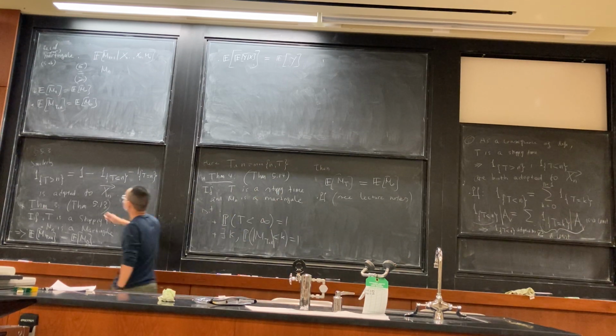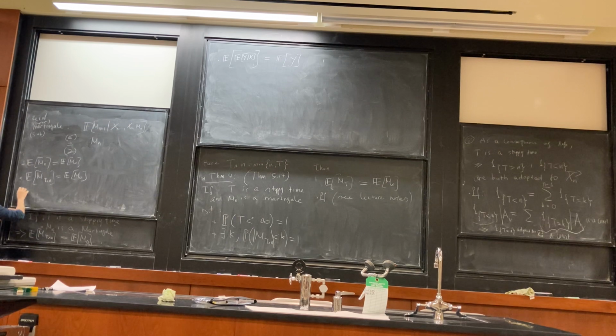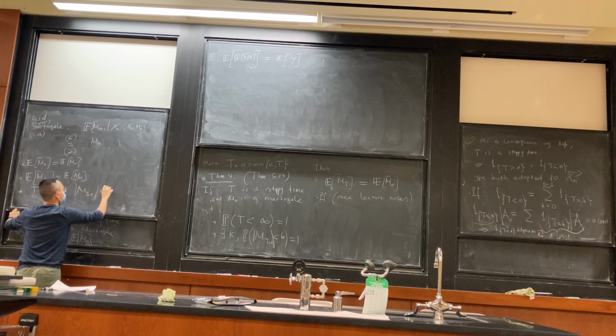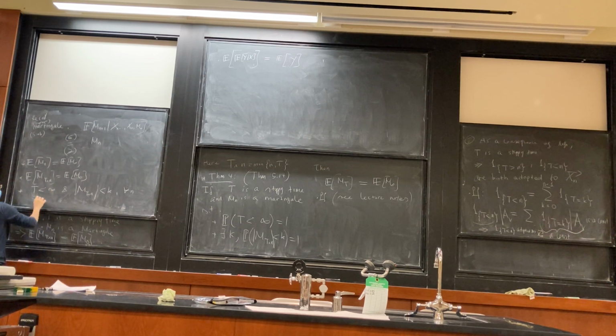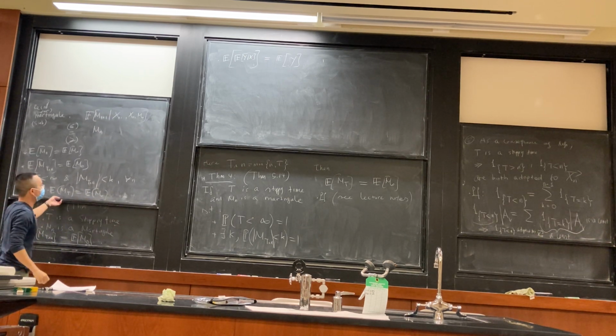So if I know T is finite and |M_{T∧n}| is less than K for all n, then the conclusion is that the expected value of M_T is equal to the expected value of M_0.